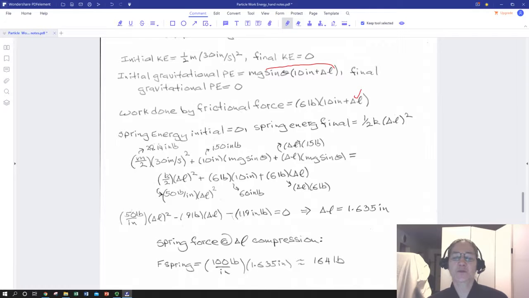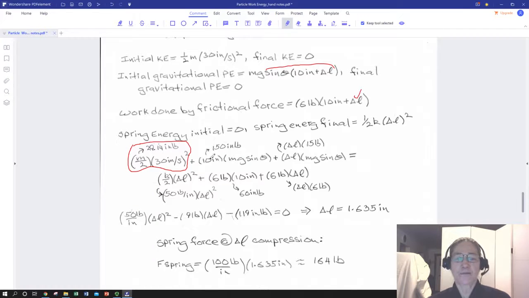So we can write some expressions to show that, which we have here. Initial kinetic energy, 1/2 m initial velocity squared, and the arrows just report what the value of the product is here.